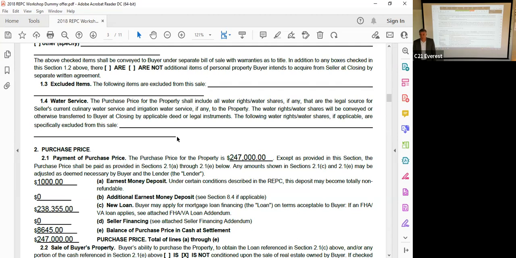In that case, can you call the seller and say, hey, this is still here, they don't want it? Yes, if you had put excluded and then you get there and it's there, I would call the listing agent and say, you need to come and get this out, or your client needs to come and get it out, because it was excluded.